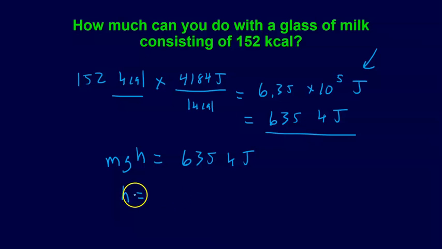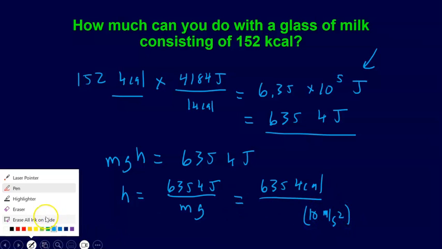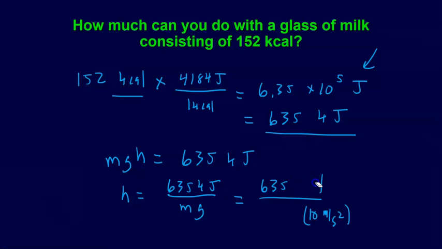And so we'll divide this by m and g. And again, for g, in this class, we've been using 10 meters per second squared, so I'll write that in there. And I keep writing kilocalories, but as we know, it's kilojoules, pardon me.